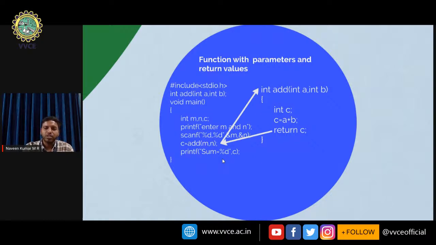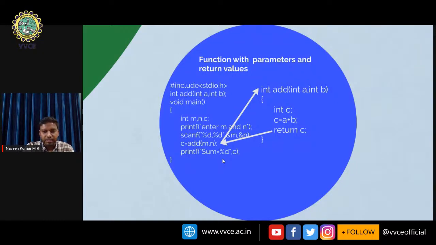So int c is the one which you have declared inside the function definition, right? The scope of that variable is only inside that function, that is the add function. You can't take that c outside. So a plus b, and then you are going to return the c. Once it is going to return, you need to look at the function definition. It is having type int and the function name add.